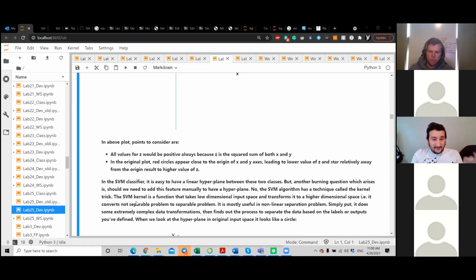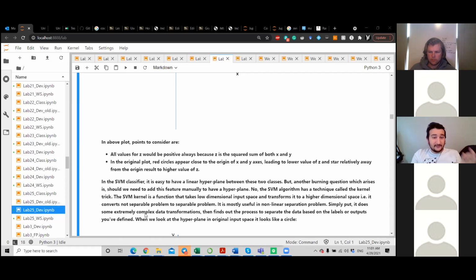So the SVM kernel is a function that takes low-dimensional input space and transforms it into a higher dimensional space. It is mostly useful in nonlinear separation problems.